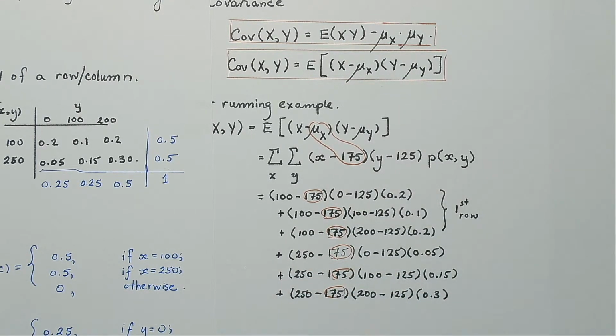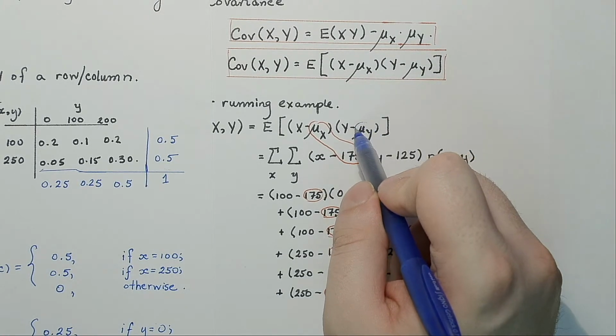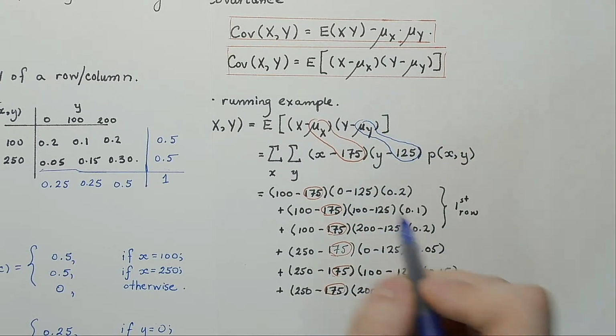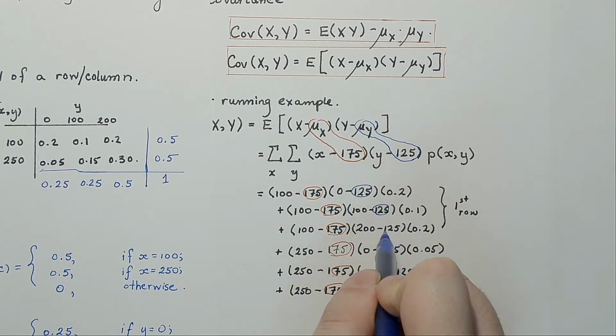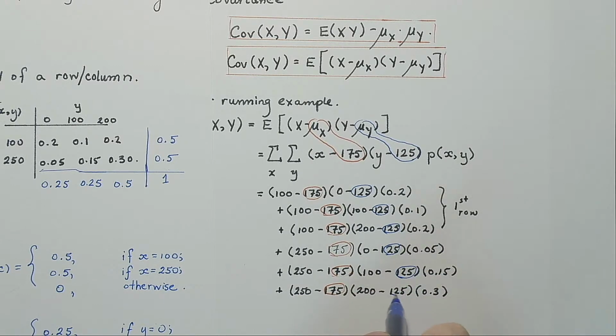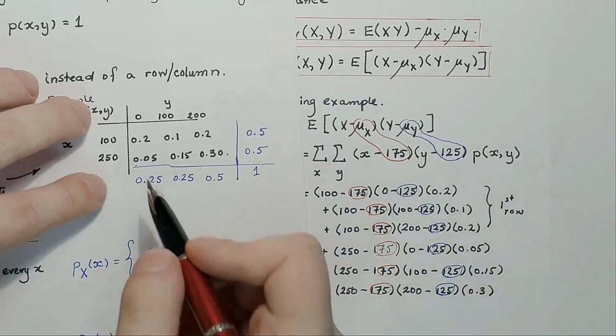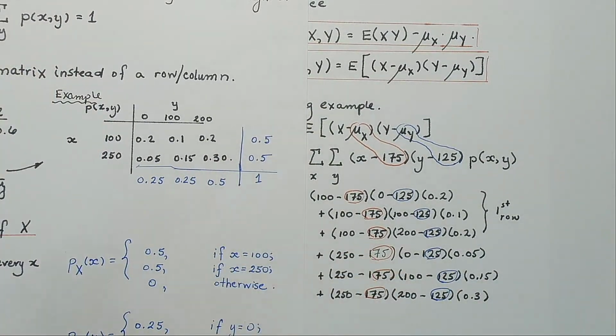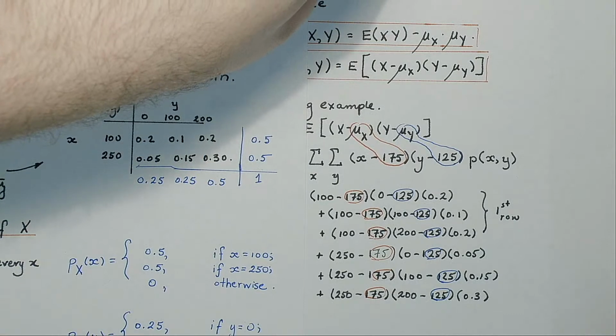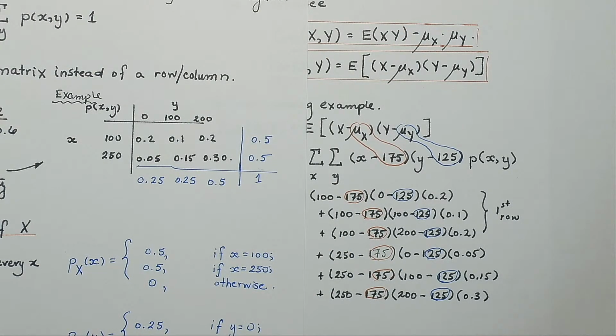And over here, there's my mean of y. So there is my 125. And then each of these values here, I need to go through. So in this case, let me use a pencil so I can erase stuff. There's a pencil.